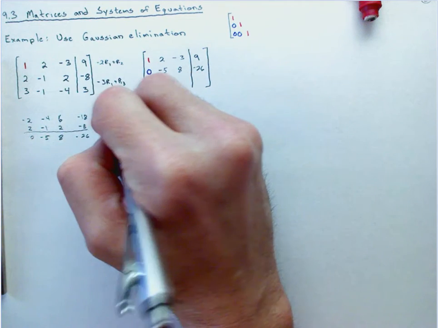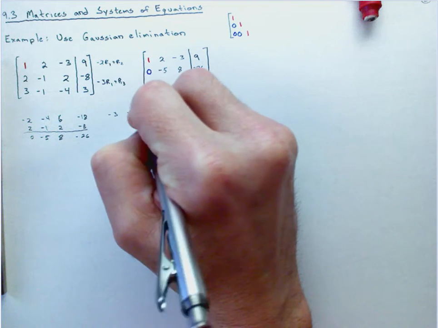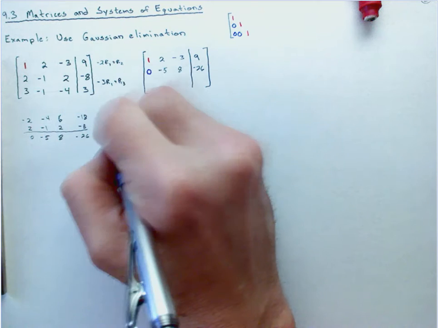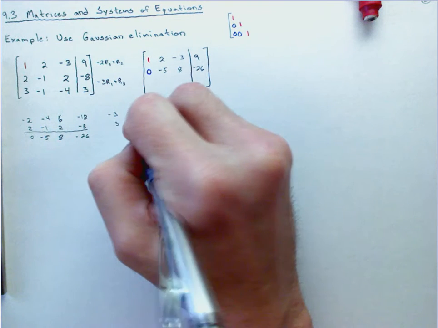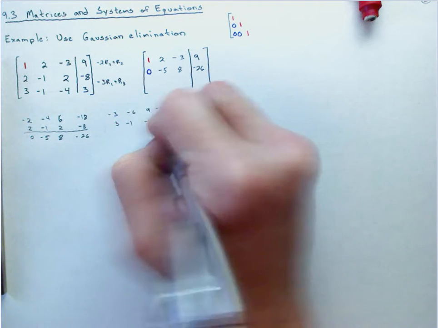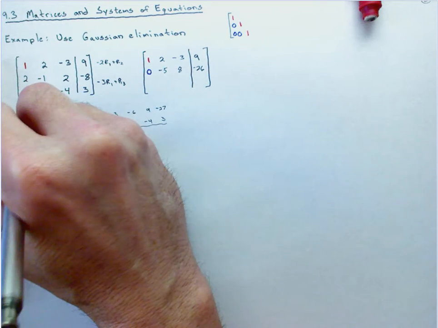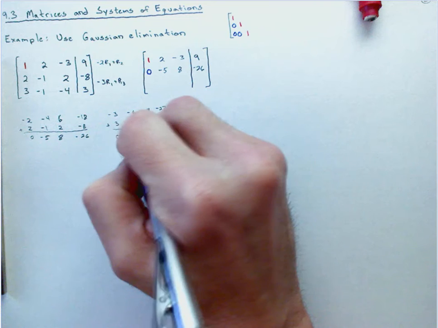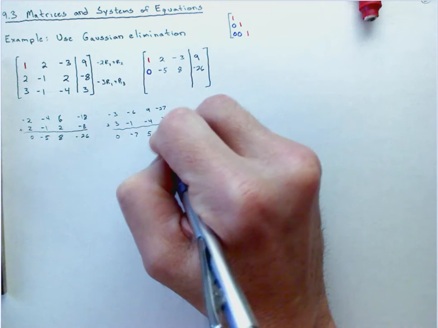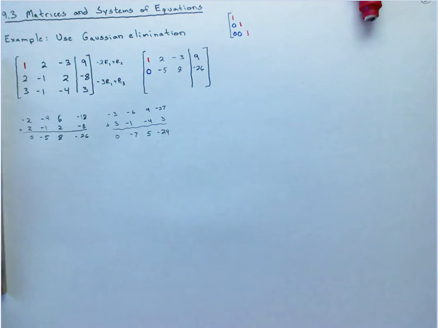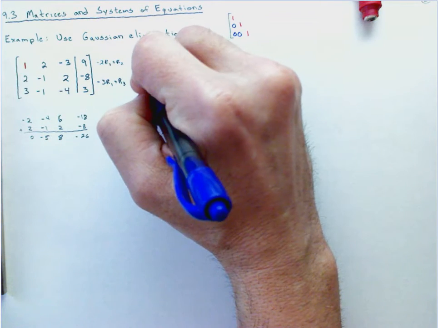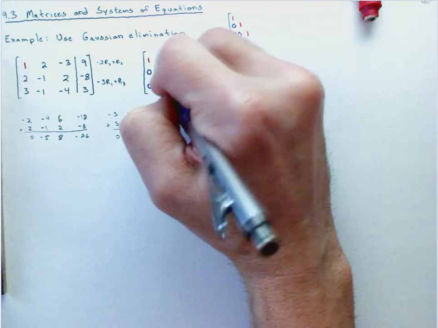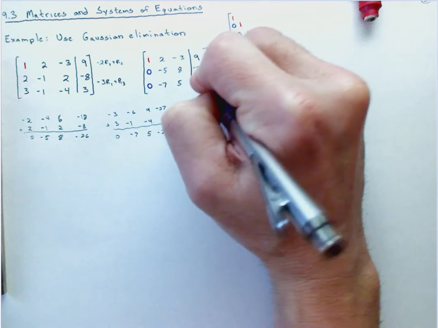So I get a negative 3, a negative 6, a 9, and a negative 27. And then row 3's values are 3, negative 1, negative 4, 3. I'm going to add them together. Sorry, I should put a plus on there. 0, negative 7, 5, negative 24. So there we go. I have my zeros in place.